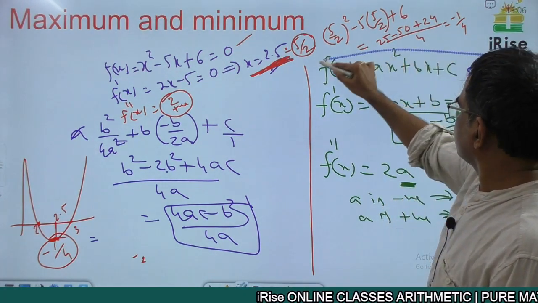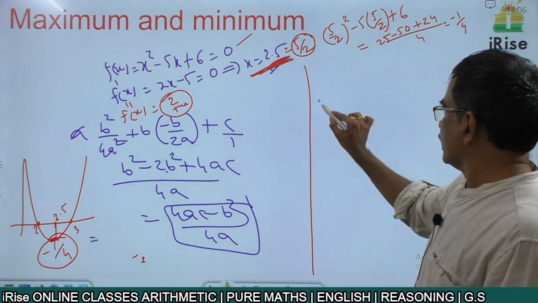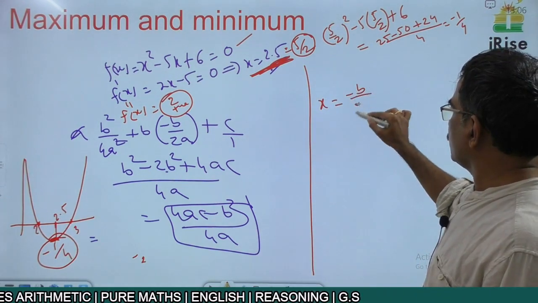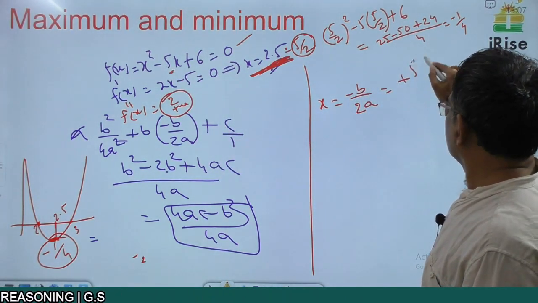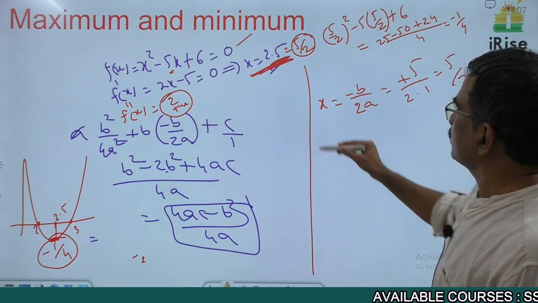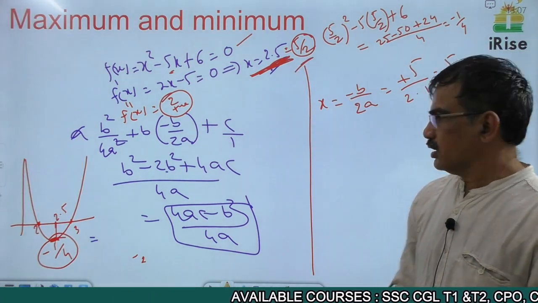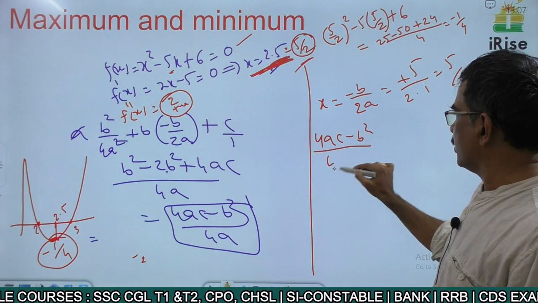Formula. What is the formula? x is equal to minus b by 2a, minus b is 5, by 2a, 2 into 1, nothing but 5 by 2. Yes. And maxima or minimum value is 4ac minus b square by 4a.